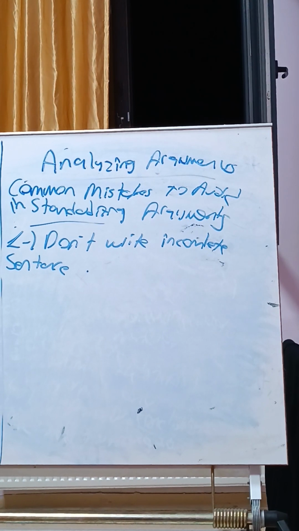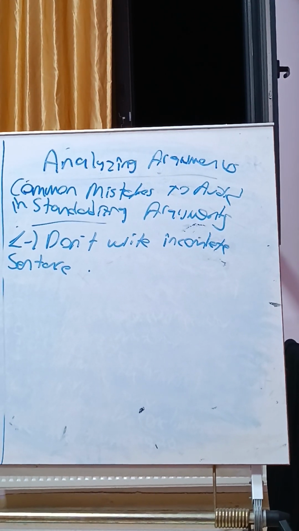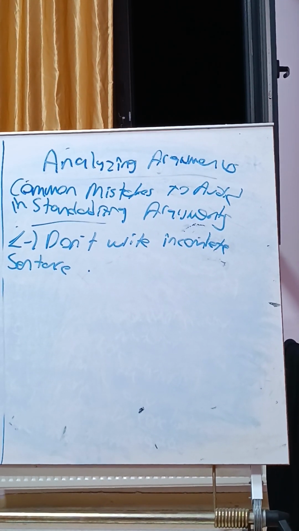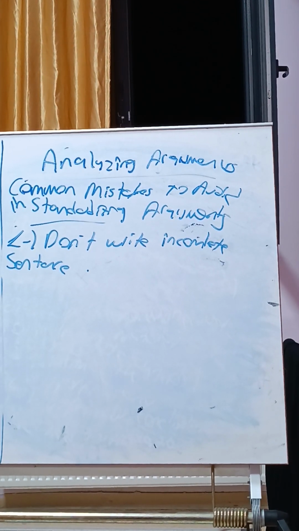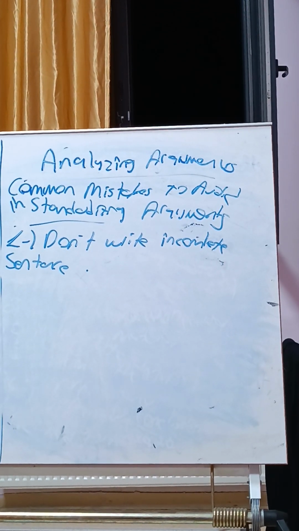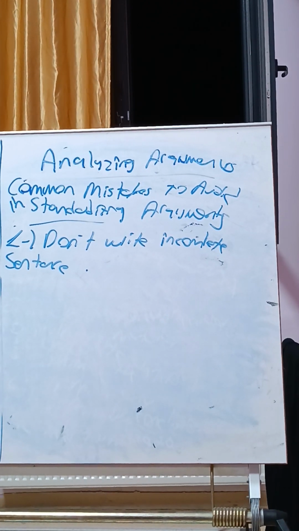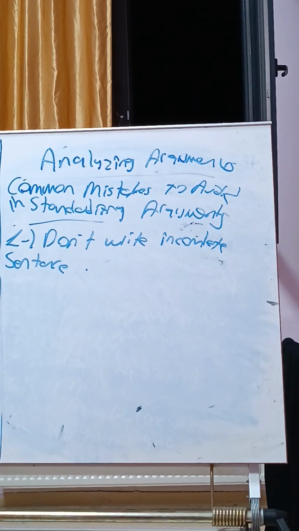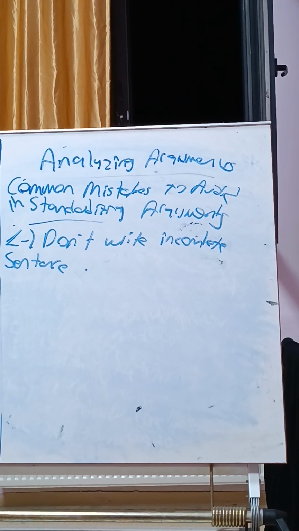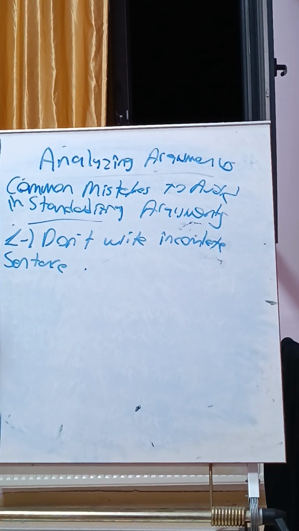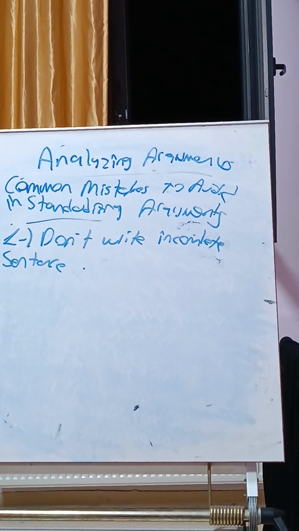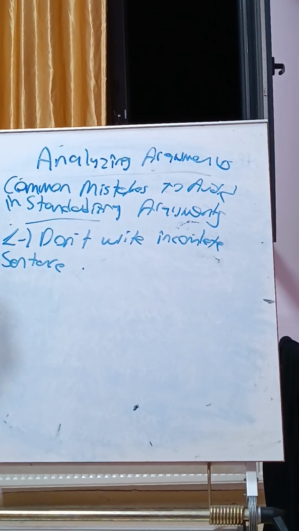Because arguments are composed entirely of statements, only complete sentences should be included in argument standardization. In this argument, the standardization can be repaired simply by deleting the word because in the first line. The correct version is: animals can experience pain and suffering, therefore it's wrong to kill or mistreat animals.